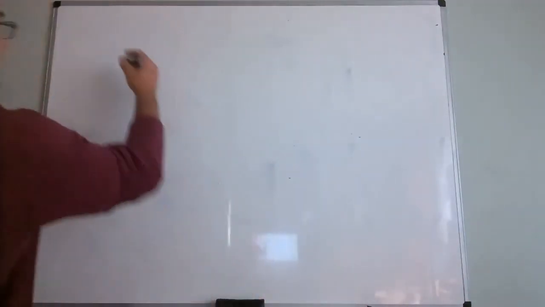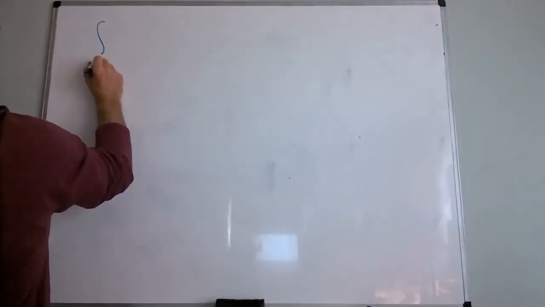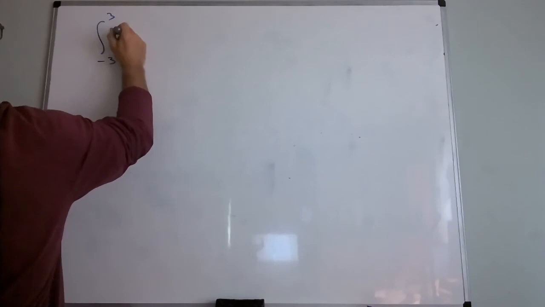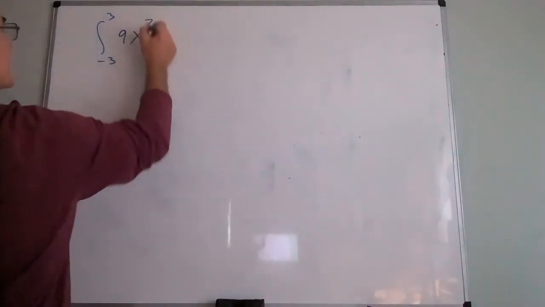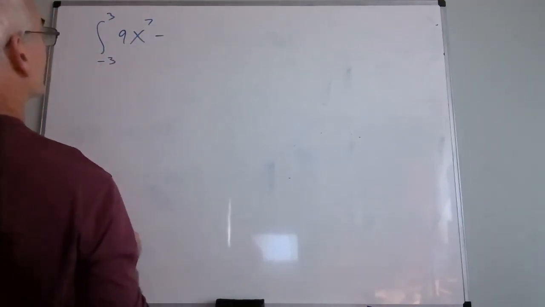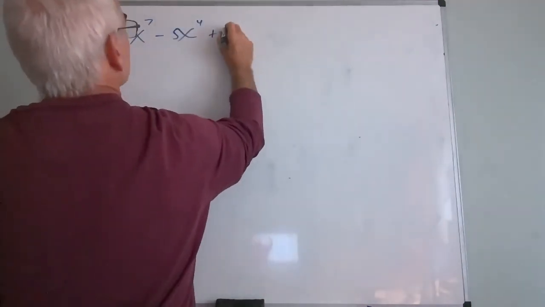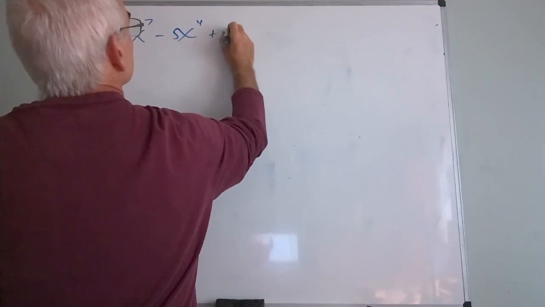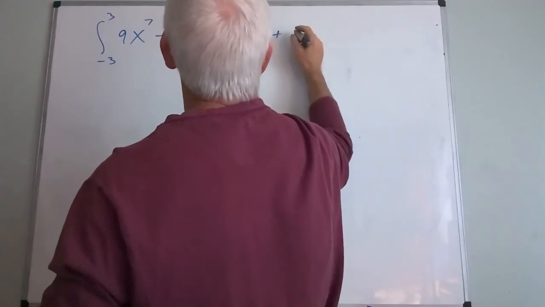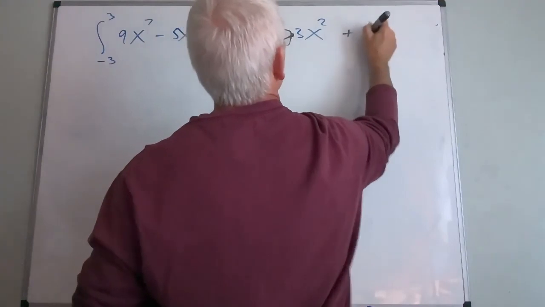So what if we have something like this? I've got the integral from, let's say, I don't want it to be too complicated, negative 3 to 3 of 9x to the 7th minus, I don't want this to be too terrible, 5x to the 4th plus 11x cubed plus 3x squared plus 9x.